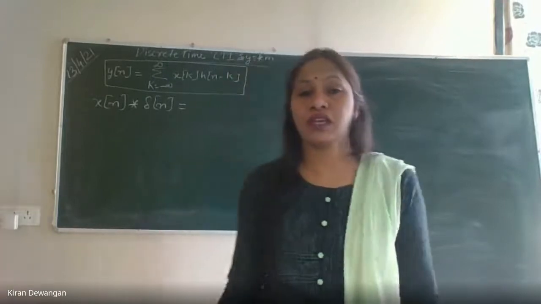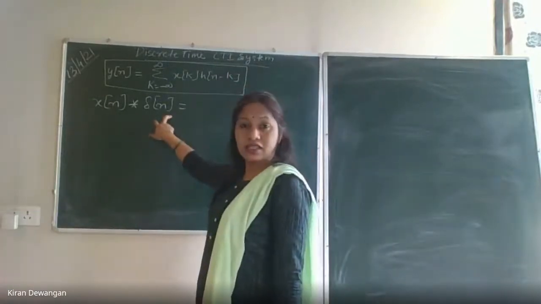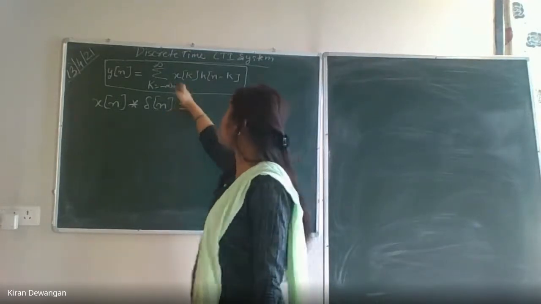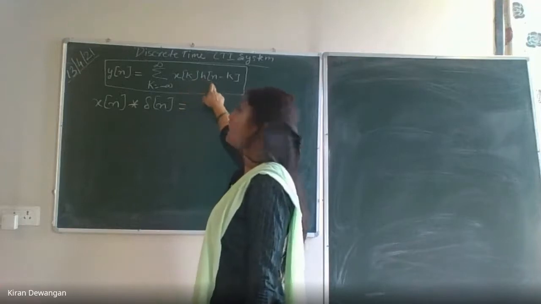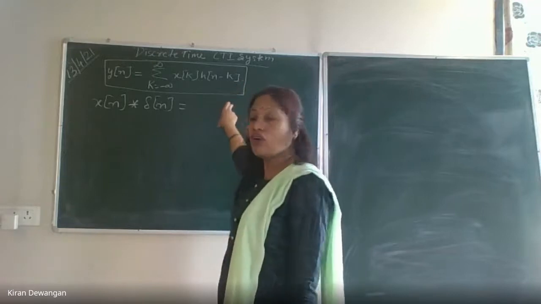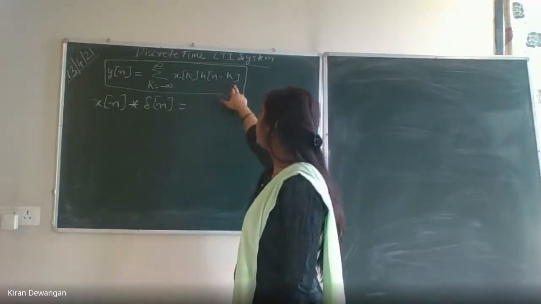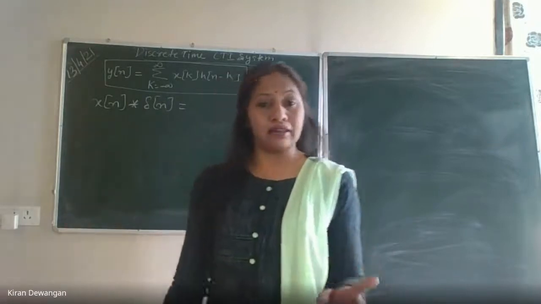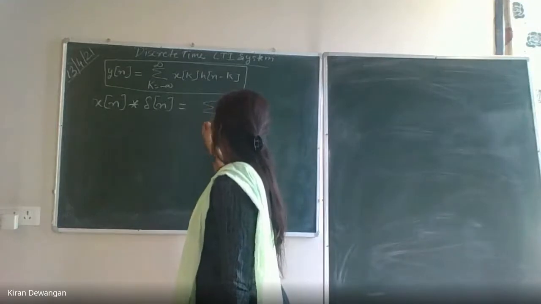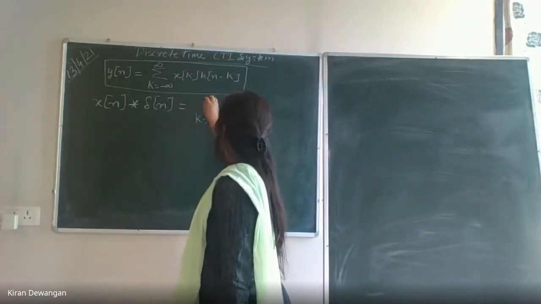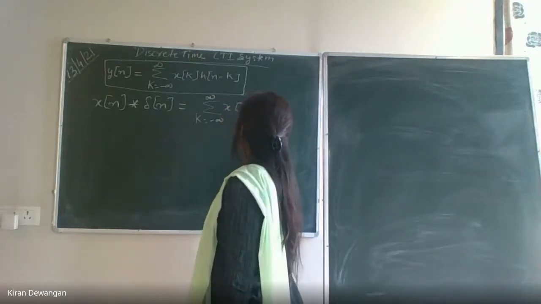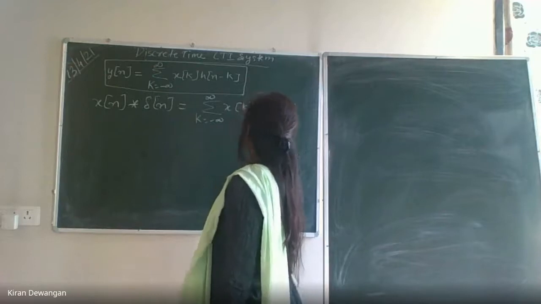Yes, students. If I have to take this, in this case, it will again be the summation k from minus infinity to infinity x of k del of n minus k.